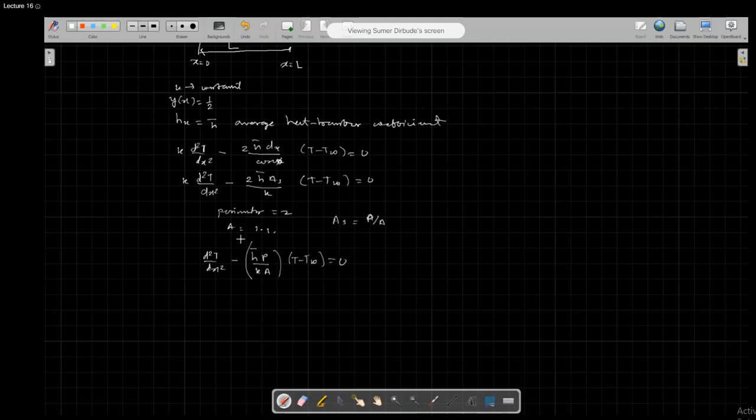This is the equation after you consider these assumptions. You get a fin equation, the rectangular fin equation.